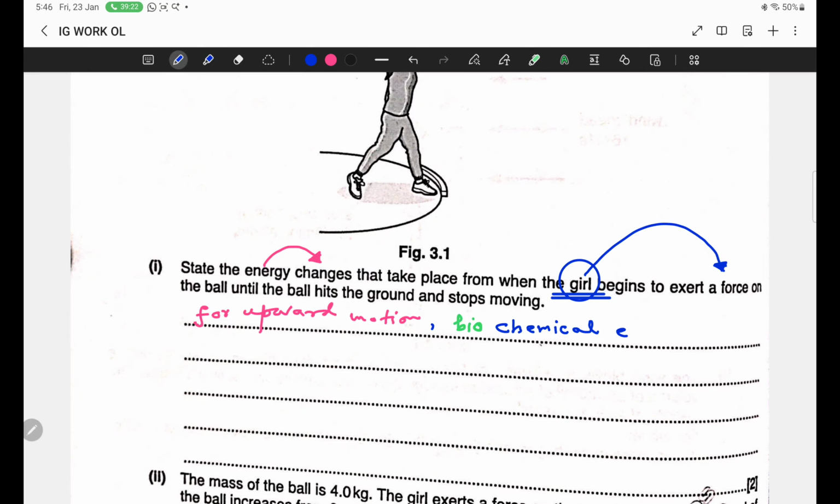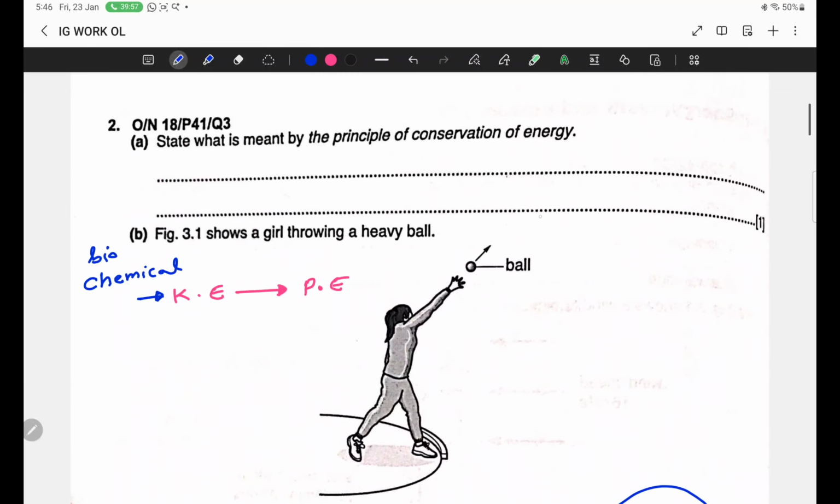So the biochemical energy of the girl changes into kinetic energy, then into potential energy. In the exam we should write the proper name, kinetic energy. They do not accept KE or PE. So you should write proper kinetic energy and potential energy. This is for upward motion.